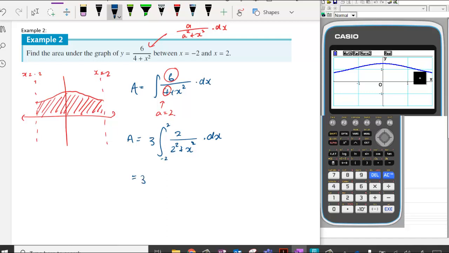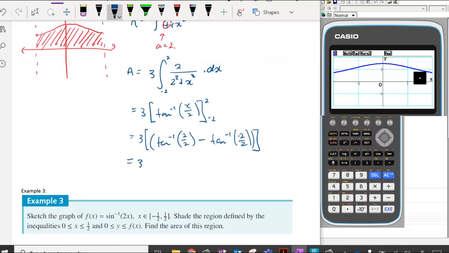So that means we end up with 3 lots of arctan of x on 2 between 2 and -2. So we've got 3 lots of arctan of 2 on 2 and subtract arctan of -2 on 2.